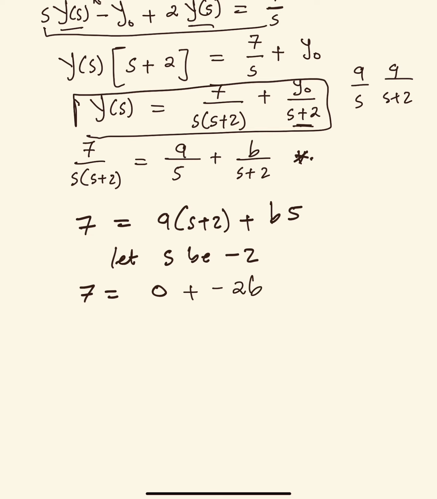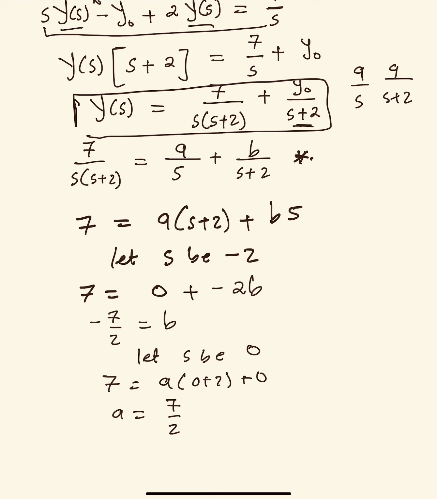And then from here it's clear to see that -7 over 2 is equal to b. Then if you say let s be 0, therefore it means 7 is equal to a times (0 plus 2), therefore a is equal to 7 over 2. So you have your a and you have your b.